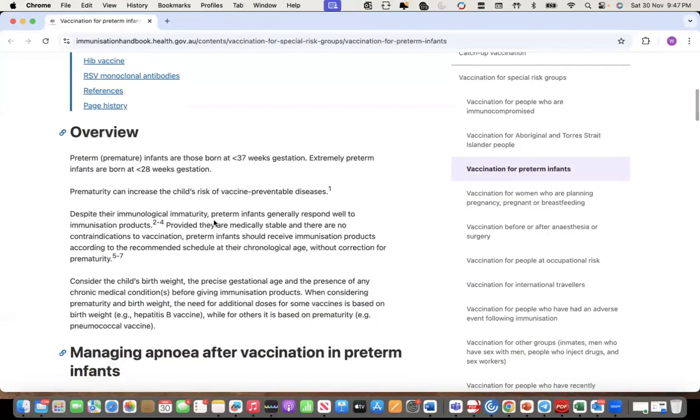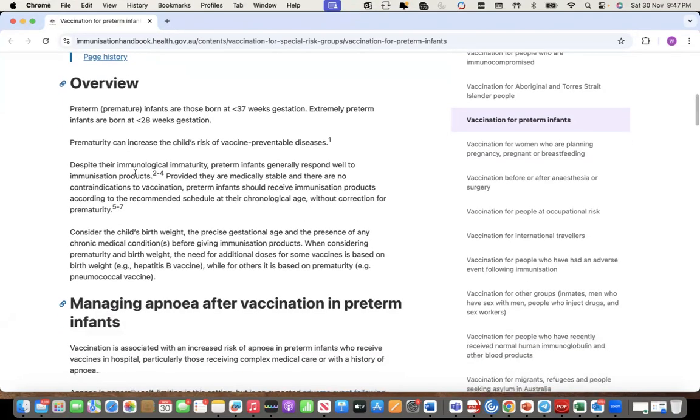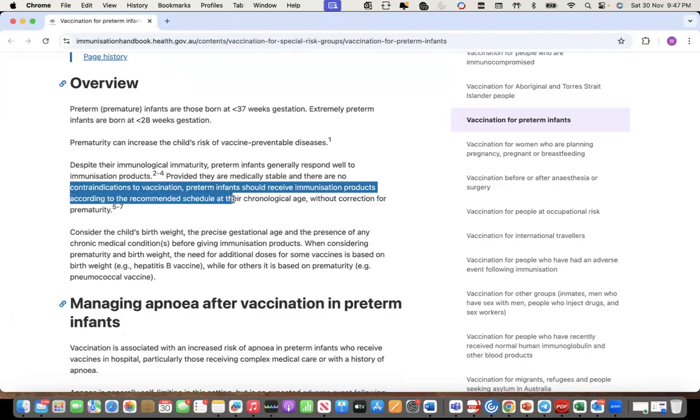Preterm or premature infants are born at less than 37 weeks, extremely premature at less than 28. Despite their immunological immaturity, preterm infants generally respond well to immunization products, provided they are stable and have no contraindications to vaccination. Preterm infants should receive immunization according to the recommended schedule at their chronological age without correction for prematurity.